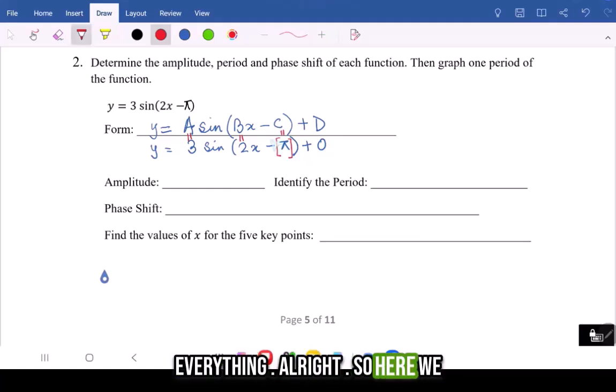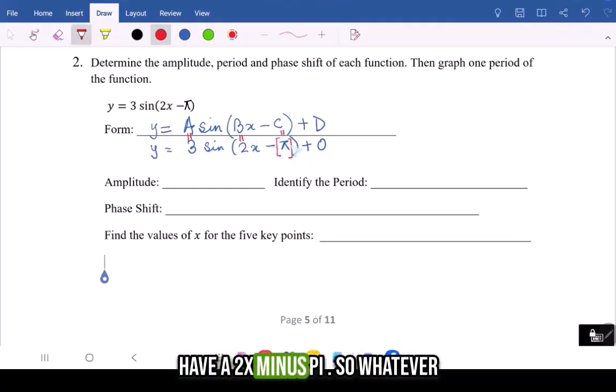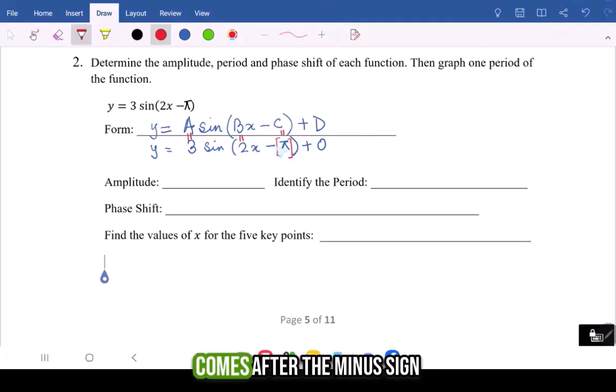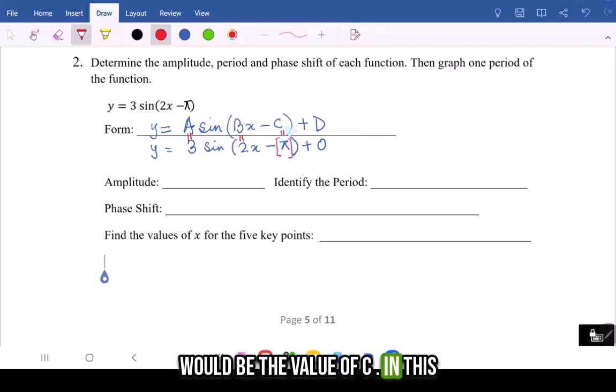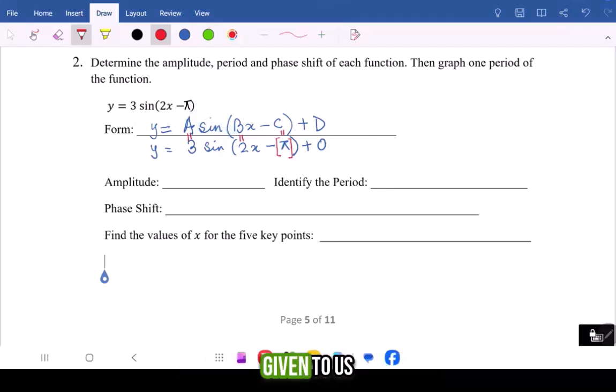So here we have a 2x minus pi. Whatever comes after the minus sign would be the value of c. In this case, it is pi. And then d has a value of 0, and we've kind of forced that to match the form because there's nothing after the brackets in the function given to us.